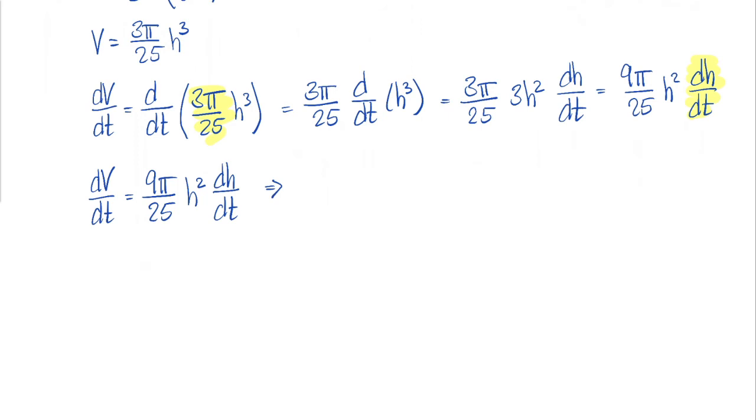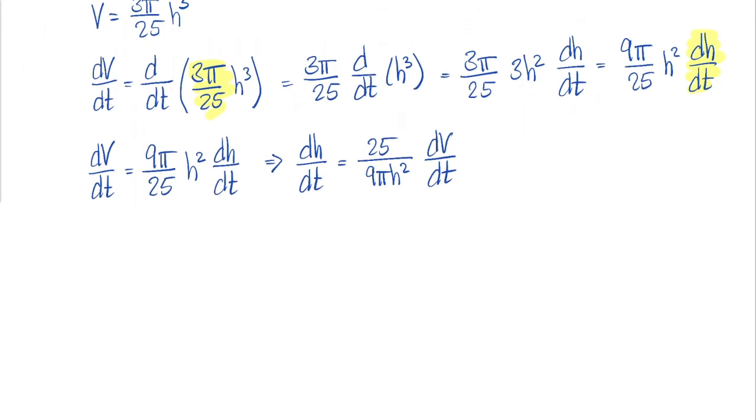And now we can isolate dh/dt. Okay, and that's going to be 25 over 9 pi h squared, times dV/dt. So that's the expression we're going to be using.